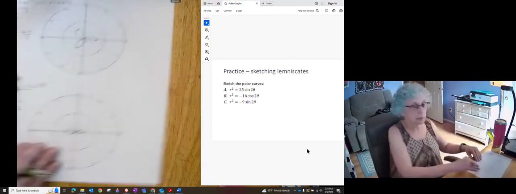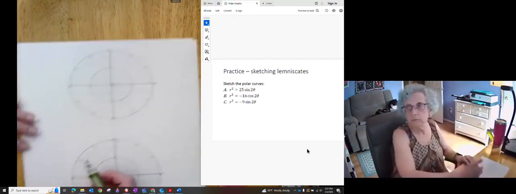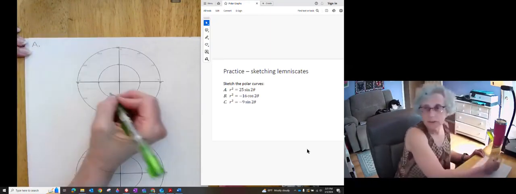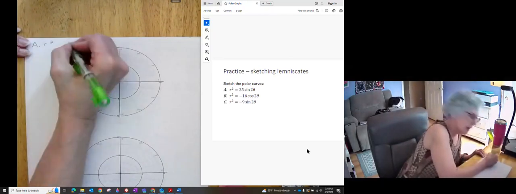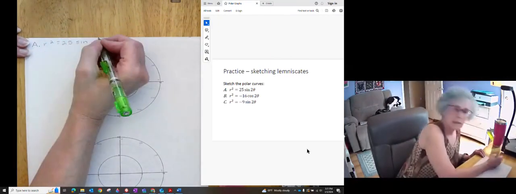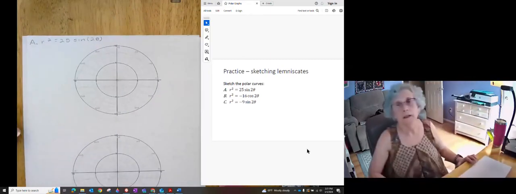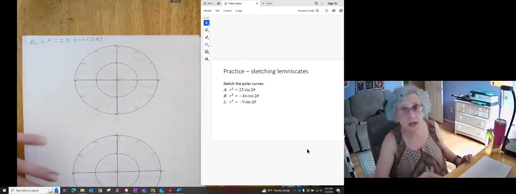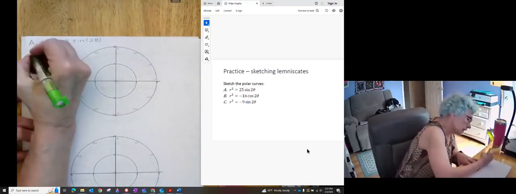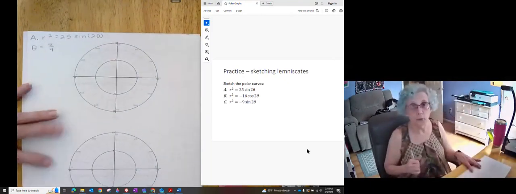So let's practice some more lemniscates. We'll do one with sine, and then I'll let you do the negative ones, and we'll meet back and compare. So I have r squared equals 25 sine of 2 theta. So I know that sine is at its maximum at pi halves. So I'm going to plug in theta equals pi over 4.